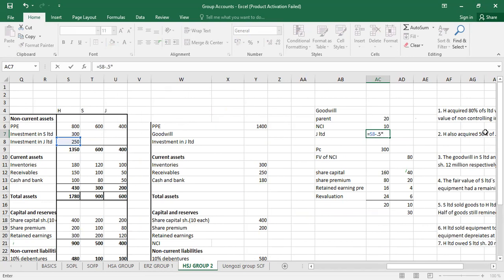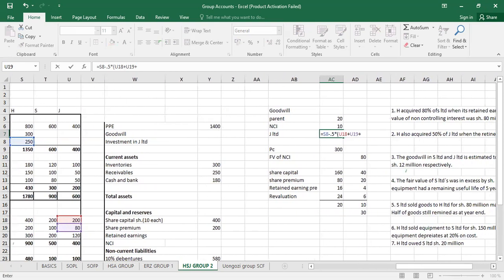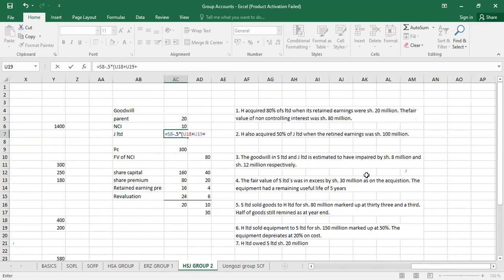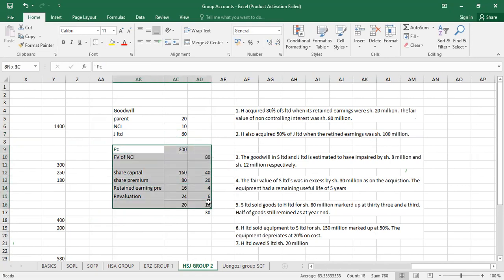You multiply by, open your bracket, share capital plus share premium plus, you come here. What is it? 100. No revaluation on the joint venture. There. So I'll wrap this one up.